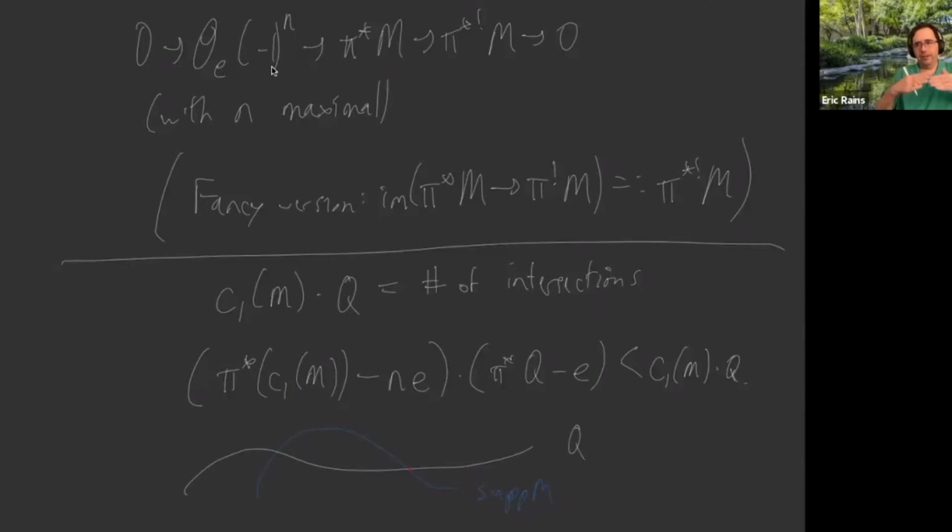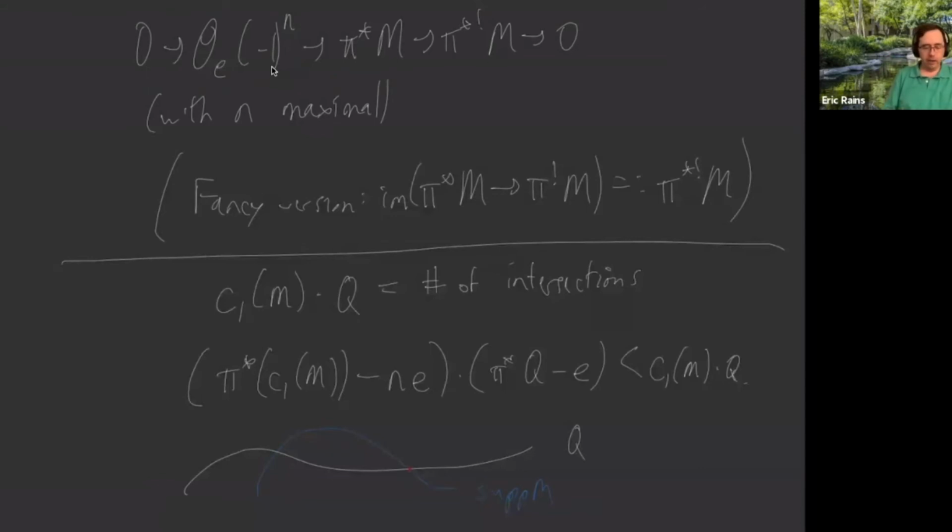When we first do the blow up, both the support of M and Q pick up a bunch of factors of E in general, but we lose some of those from the support of M, and we lose one of them from Q. And if we blow up a smooth point of Q, we no longer see E in there at all. And you just check that this always is going to reduce your intersection number by N.